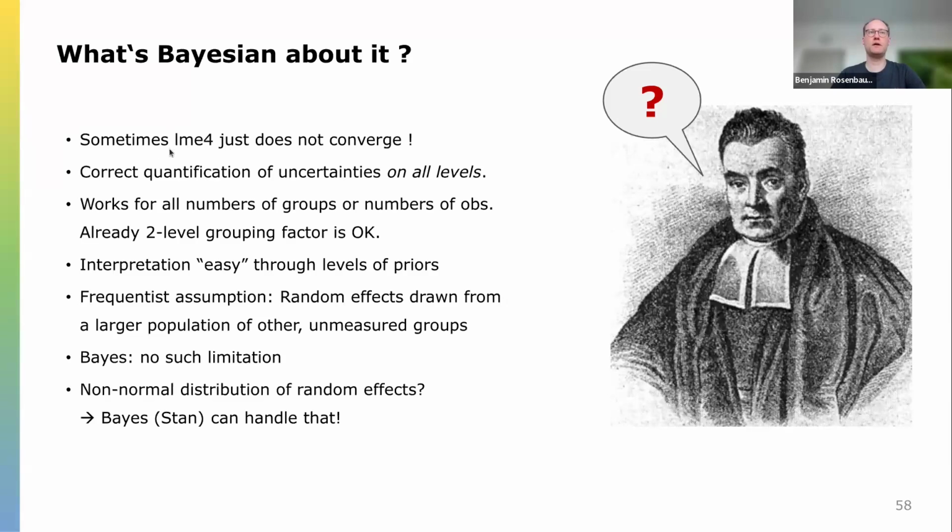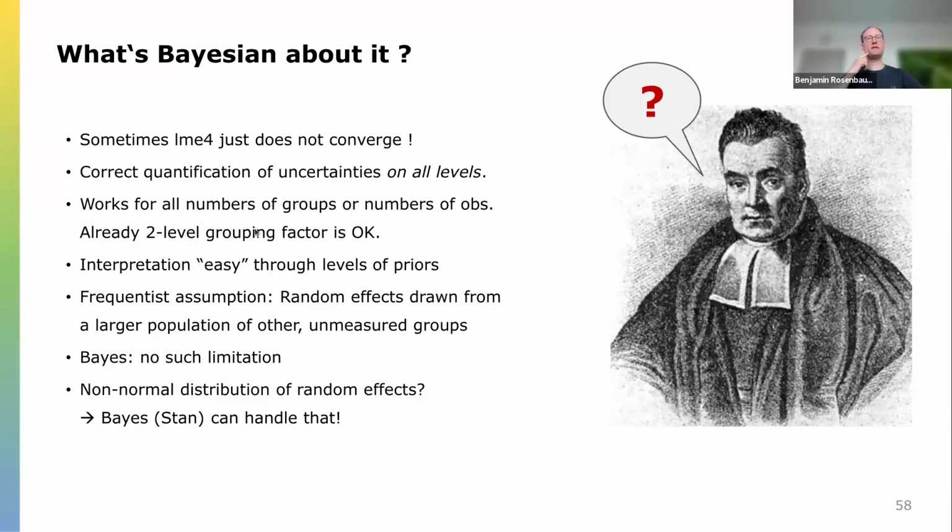LME4, I think in the current version, for some parts of the model just doesn't give you p-values in the first place, because they say, okay, this is an approximation, we are not very certain about it, so it doesn't provide p-values. However, in a Bayesian framework, you will always get estimates for uncertainty here.